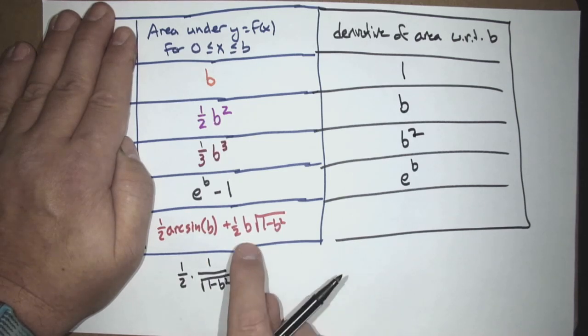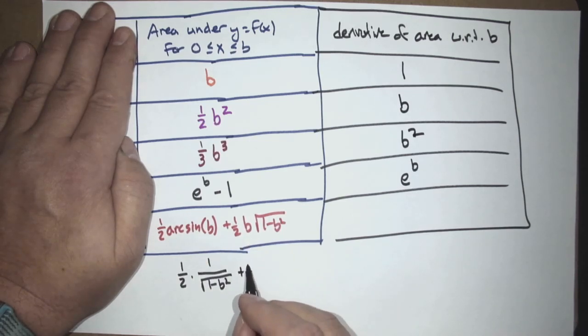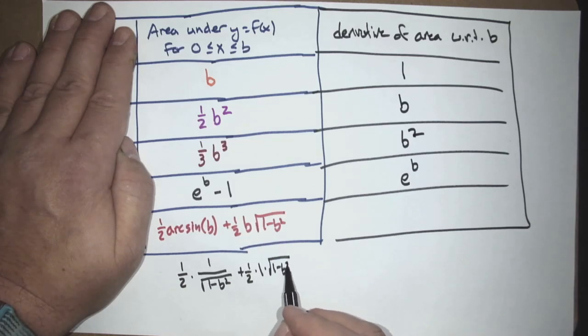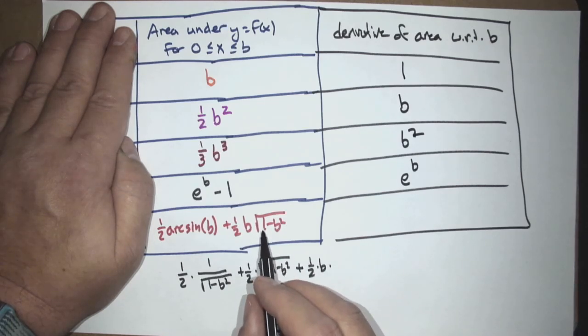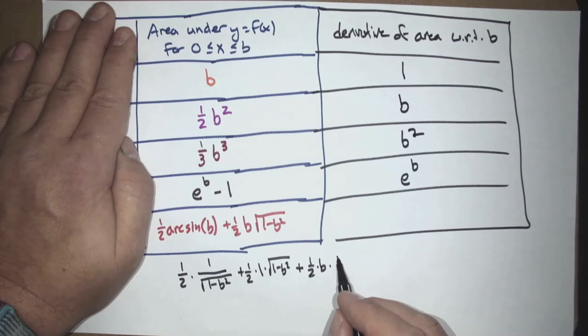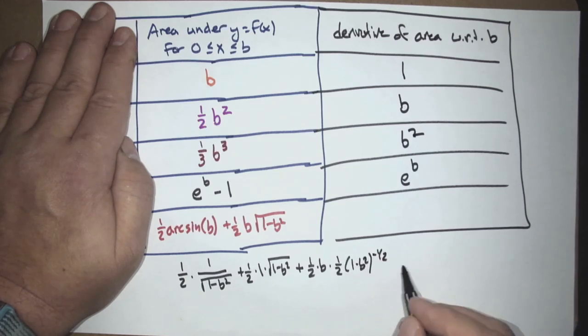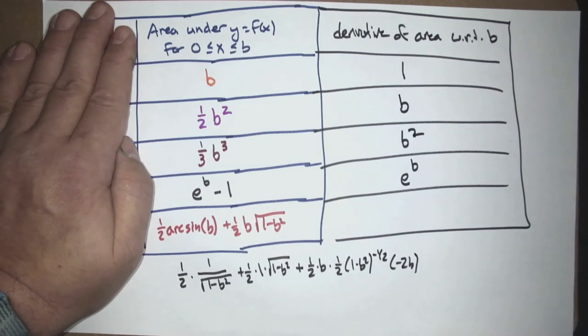Good times. Next we do the product rule. We have 1/2 times derivative of b, which is 1, times square root of 1 minus b squared, plus 1/2 times b times, now for this one, it's going to be a 1/2, 1 minus b squared to the minus 1/2 times minus 2b by the chain rule.